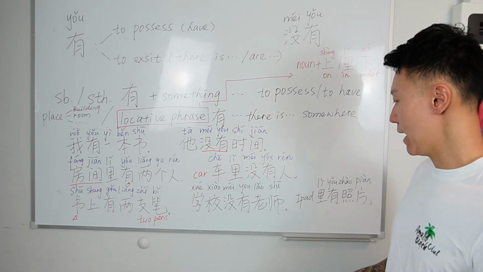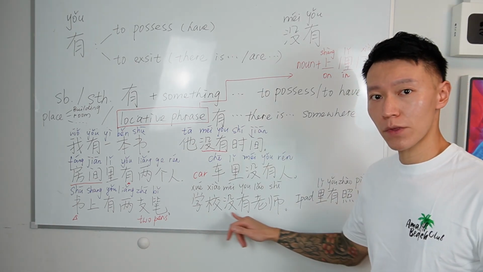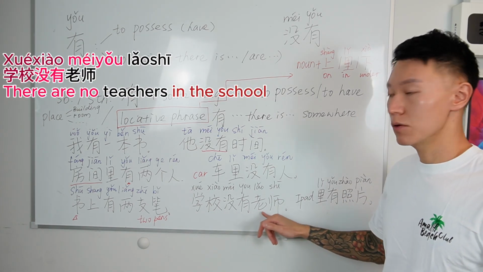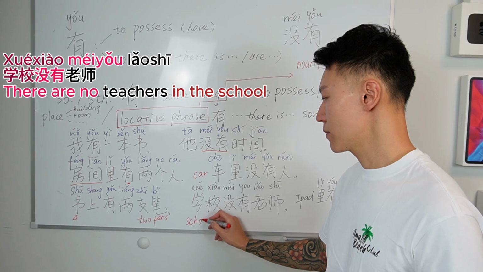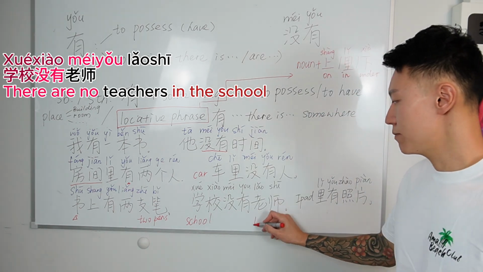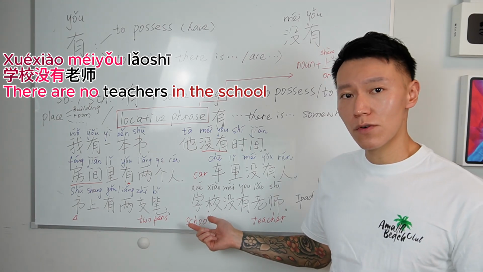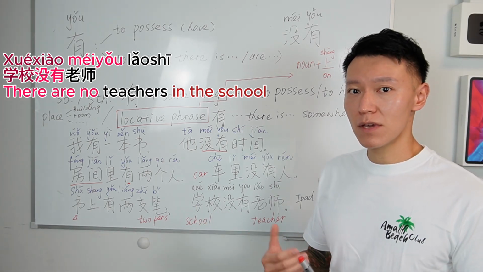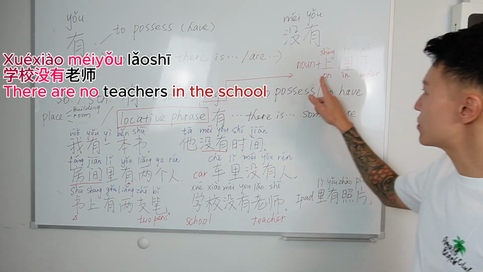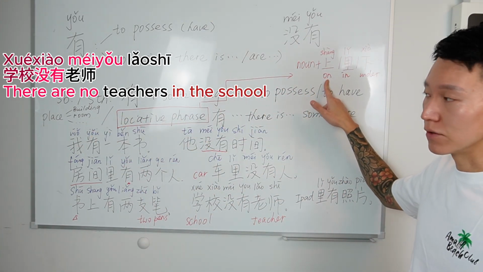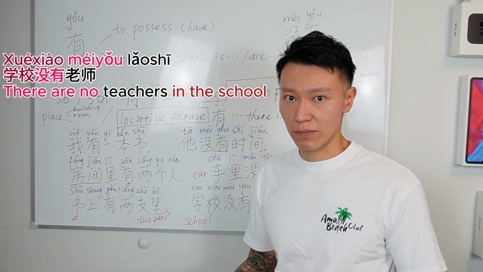Alright, and here. 学校没有老师。学校 means school. 老师 means teacher. So, school as a noun already means it's a place. So, that's why we don't need to use the position after school if this noun already refers to a certain place.